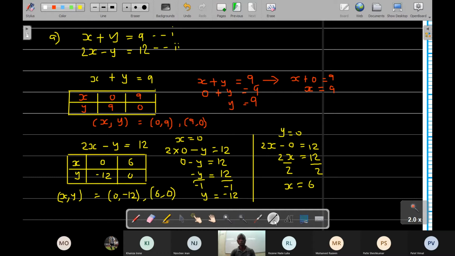So these are the coordinates. Like I told you, you have to get these coordinates, and after getting them you can go to the graph and plot them. So we have got our coordinates for those two equations. The next step will be plotting. Is there any question?